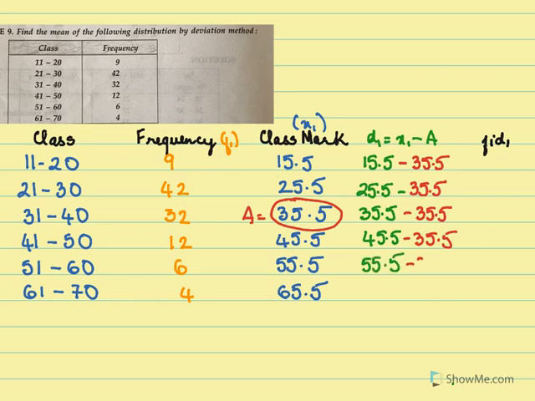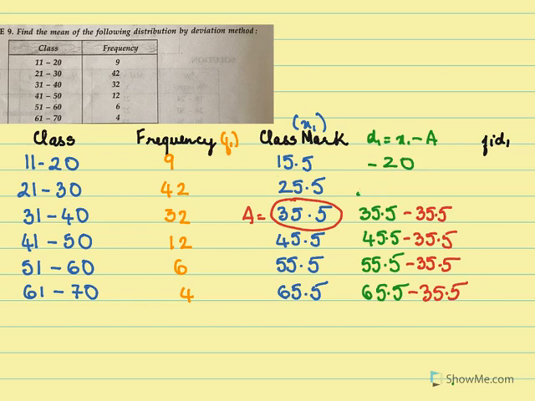So 55.5 minus 35.5. And then we have last 65.5 minus 35.5. Now the first one on subtraction, when we subtract, here we get minus 20. The next subtraction, we get minus 10.